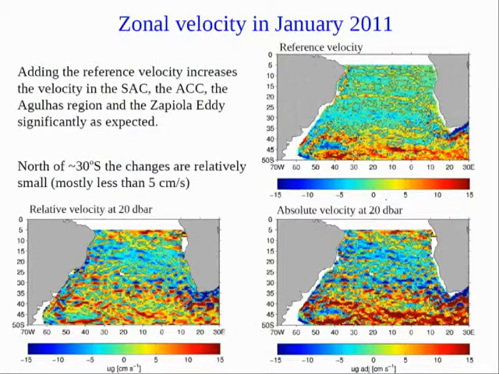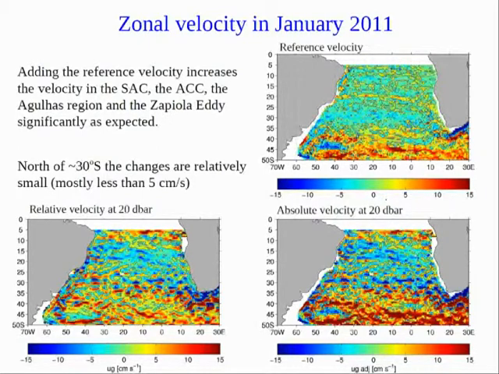But we do have the subsurface velocities from the floats to calculate the reference velocity at intermediate depth. And that's basically shown at the top right, the reference velocity from all the floats drifting between 800 and 1,100 decibar. And that velocity field has been used to correct the velocity at every level, and the corrected velocity at 20 decibar is shown at the bottom right.